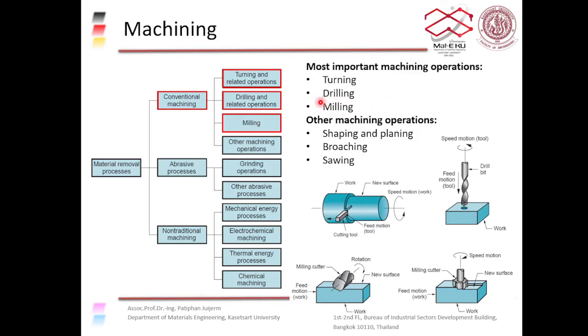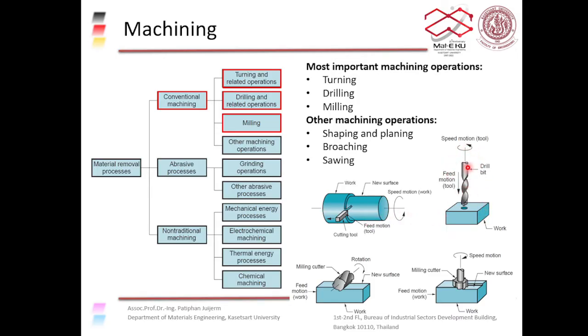And you have other machining operations like shaping and planing, broaching, and sawing. So turning is basically when you are using a lathe. You are turning your workpiece and moving the cutting tool in there to cut away the excess material.